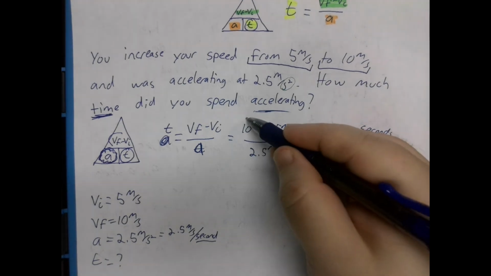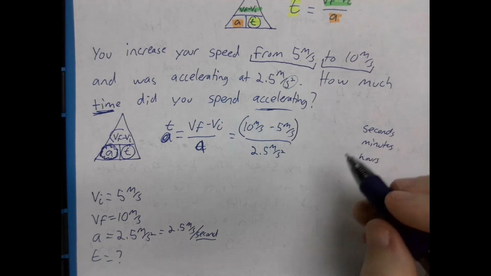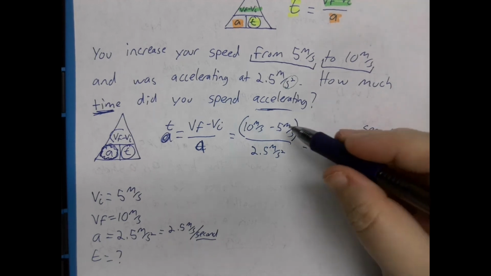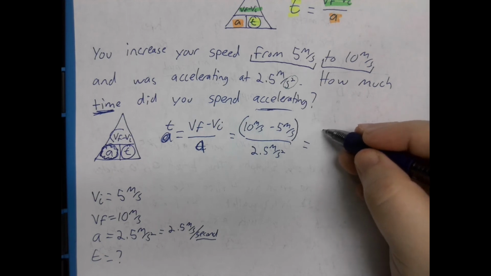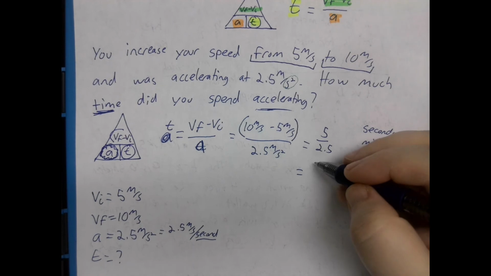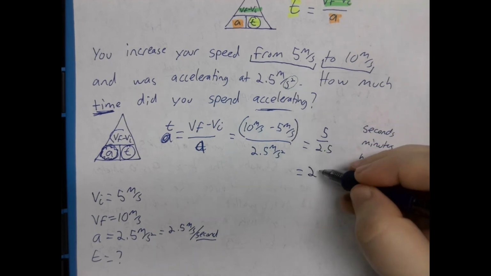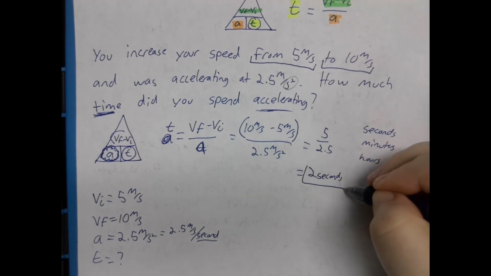You should be putting parentheses around this and plugging it in. Or you can do the numerator first. 10 minus 5 is 5. Divided by 2.5, that is 2. We know our units are seconds, so we put 2 seconds.